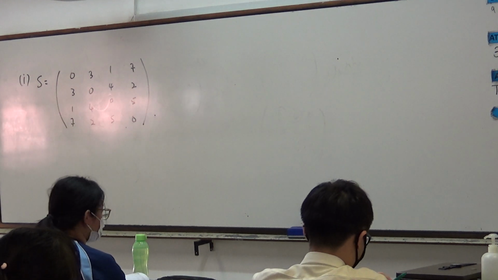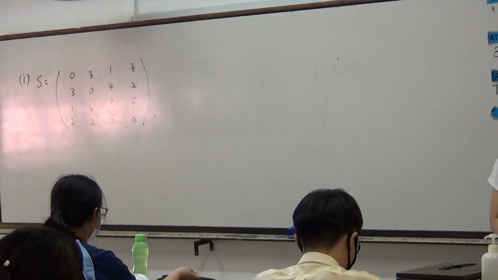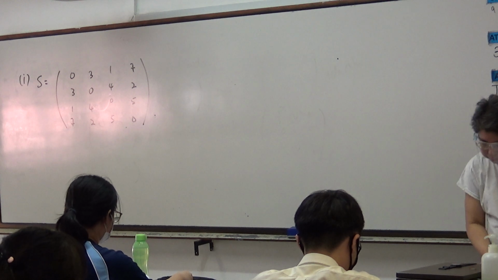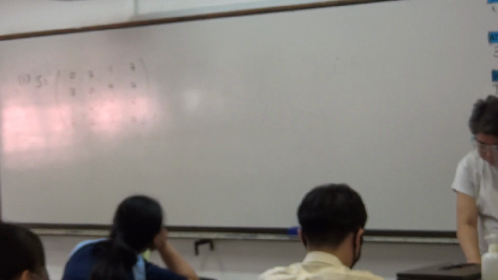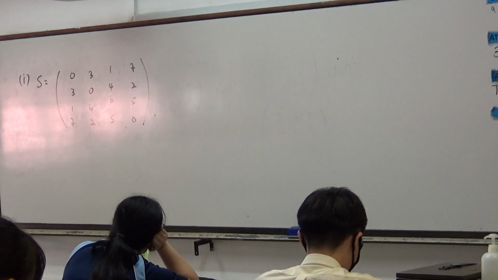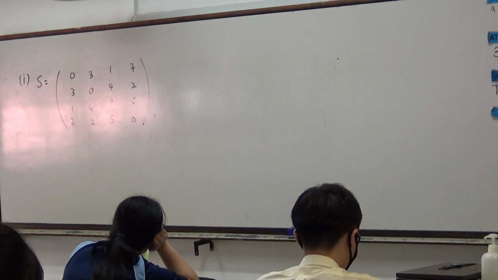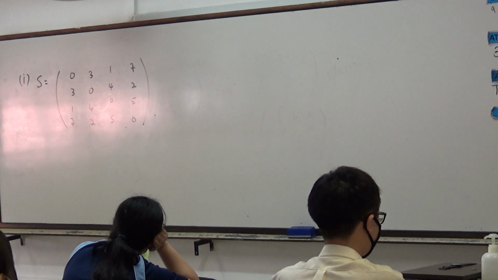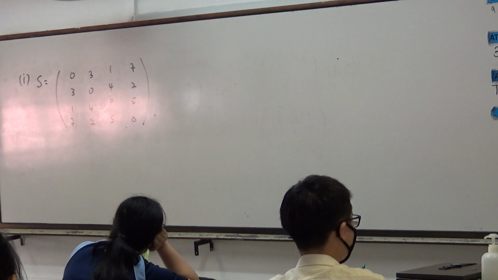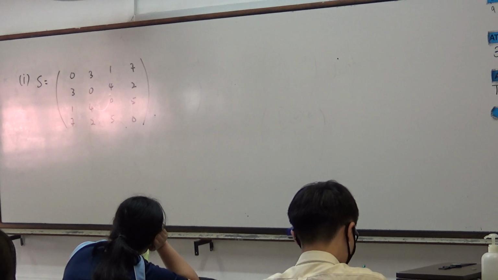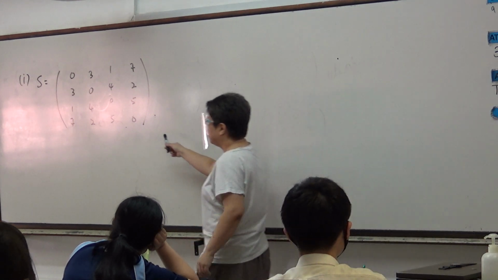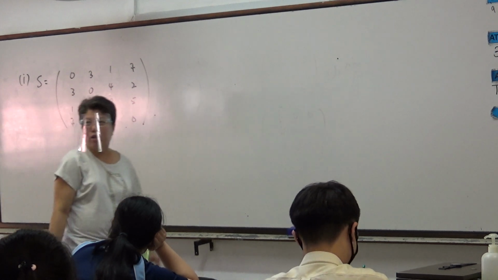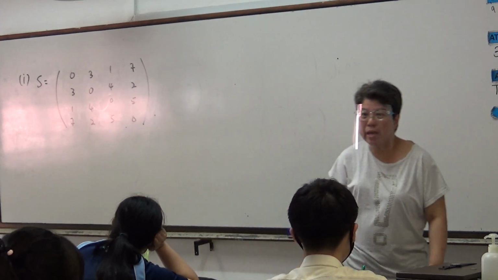Now, each team plays against each other only once. Okay? Now, can you tell me why or how this diagonal is? Yes, because they cannot play against themselves. Like team A cannot go and fight team A.